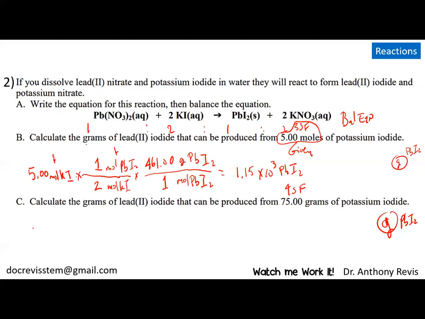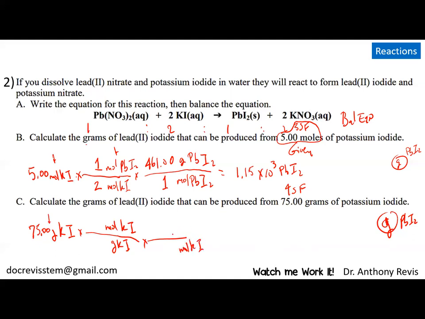Okay, potassium iodide. So this is pretty much the same type of process, isn't it? Yep. So we have 75.00 grams of potassium iodide. So I'm going to go grams directly here because that's automatic, no thinking here. And grams always go to moles. They never go gram to gram, so you can bet on that. So then we have moles of KI.